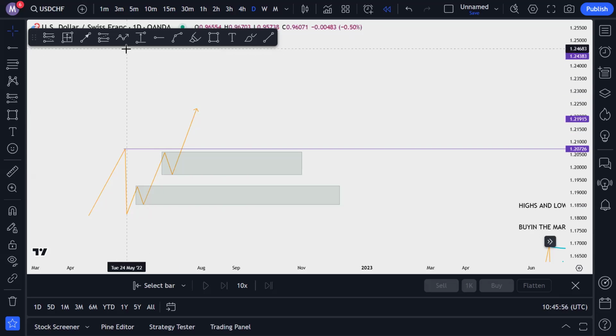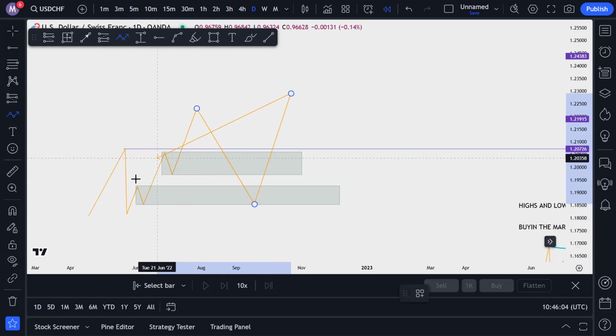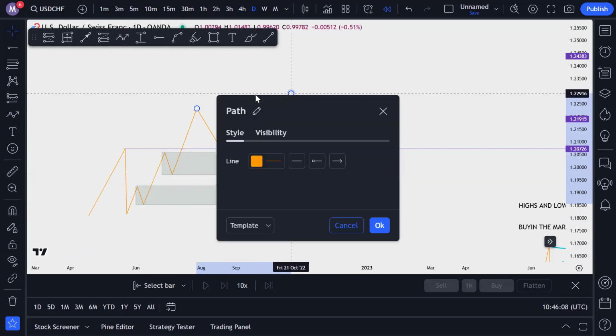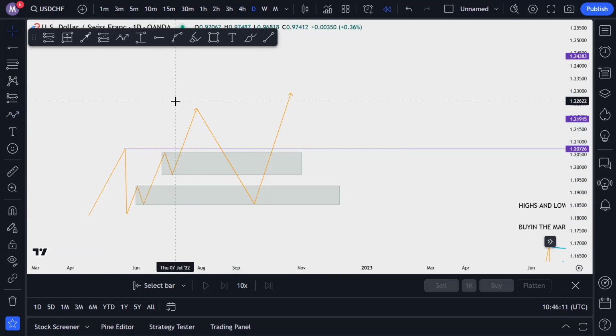But our main aim is only to look for price to consume the liquidities. And how do we see this? By moving down to lower time frames to see how the liquidities were consumed inside those areas. So that's what I can talk about the bullish trend.